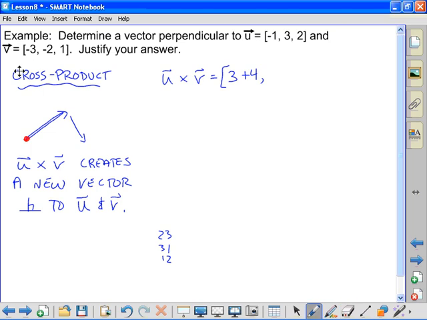So let's make sure I did this right. So the second with the third, so that would be a 3, subtract 3 with 2. So that's not right. So subtract my third one with the second one. Oh, it would have been +4. I was right.